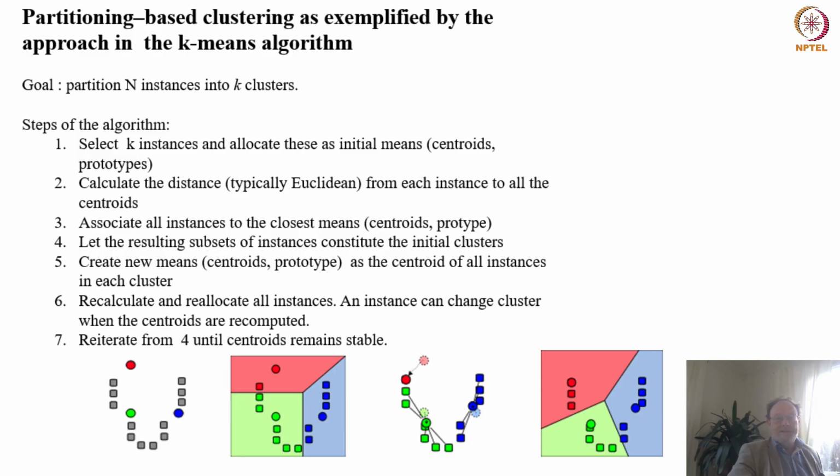We let these subsets that you get at this point constitute the initial clusters. You can see this below in the example, where we get this first partitioning of the data set into subsets. What happens then is that we redefine the means.